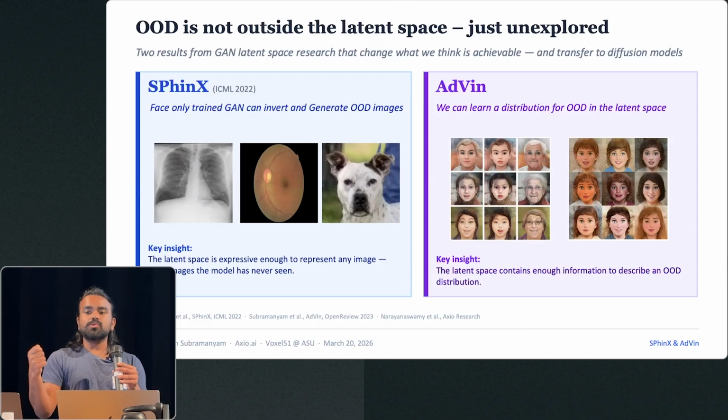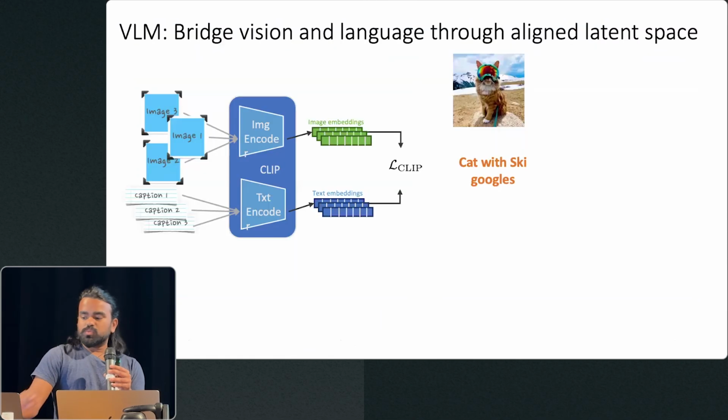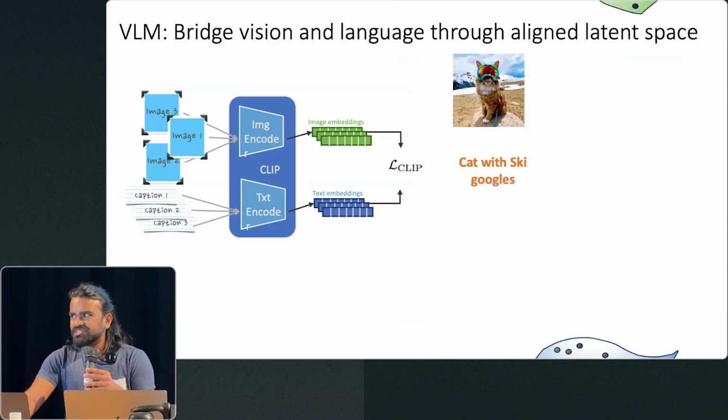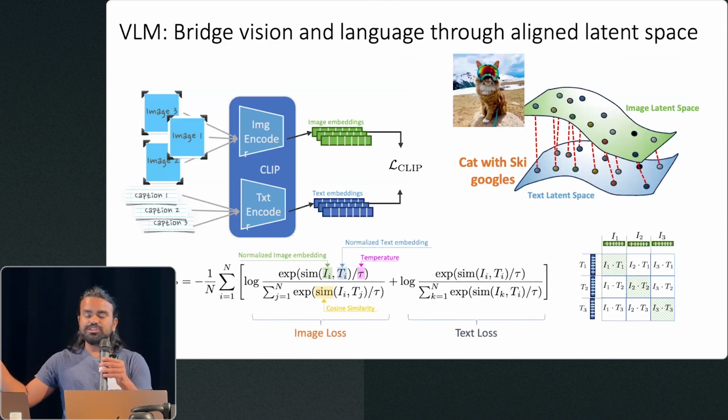So how do we use this to solve our problem? The goal is, how do we control the images that are being generated for us so that they are useful? So I want to introduce one more tool, vision language models. They are essentially models that bridge images and text into a latent distribution.